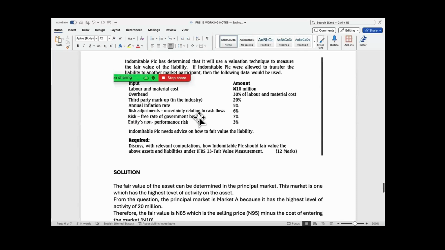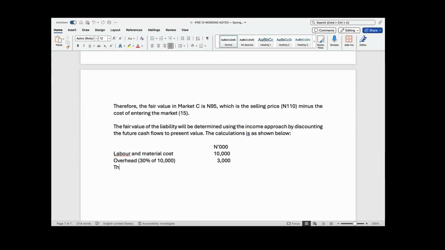Also, there is third-party markup in the industry. So let's just mark up the costs for industry average. That's people in the industry spend more than 13 million, because we are calculating 13 million.